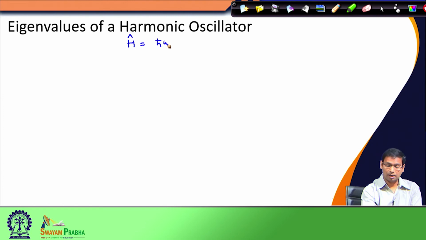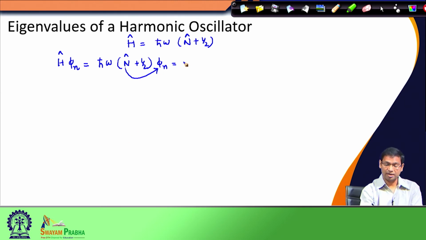So, the Hamiltonian operator is given like this, and if I have H acting on phi n, which is essentially h bar omega into N plus half acting on phi n. So, operator N acting on phi n gives me small n phi n, plus half acting on phi n gives me this.